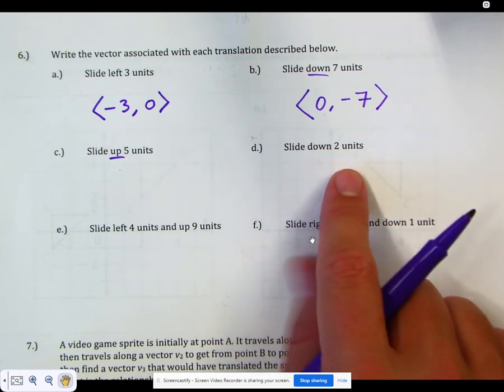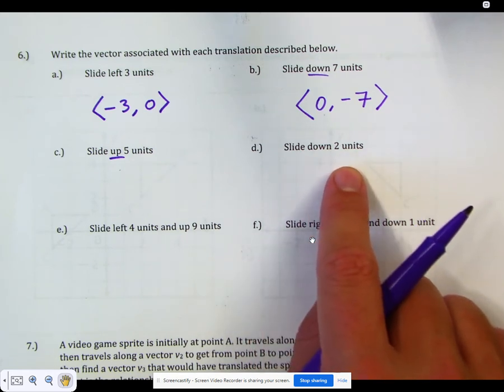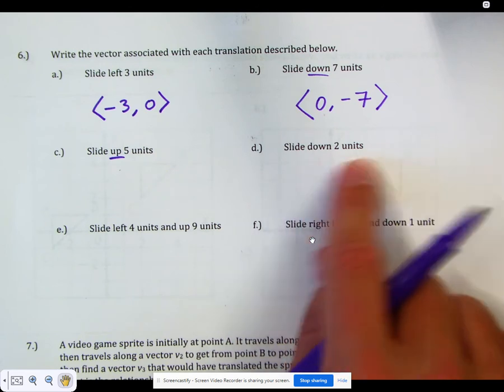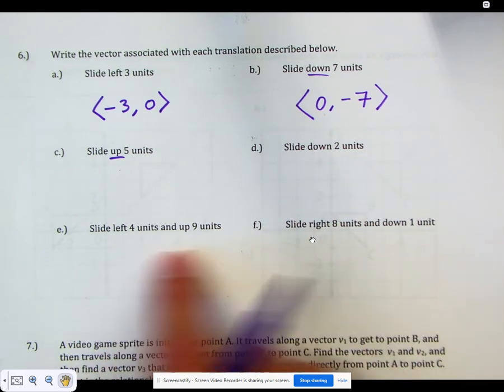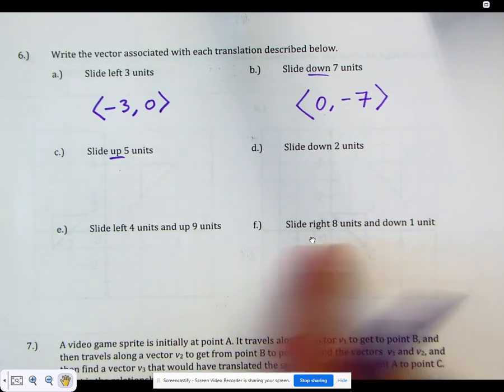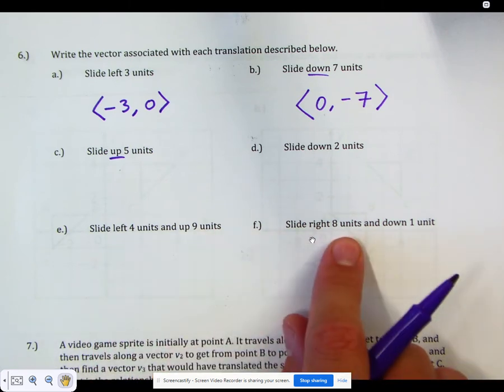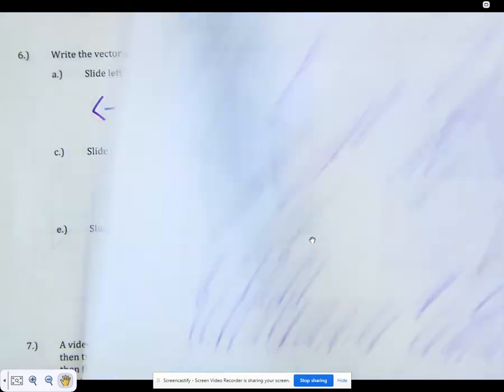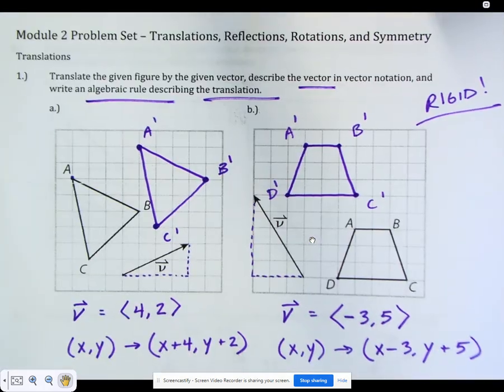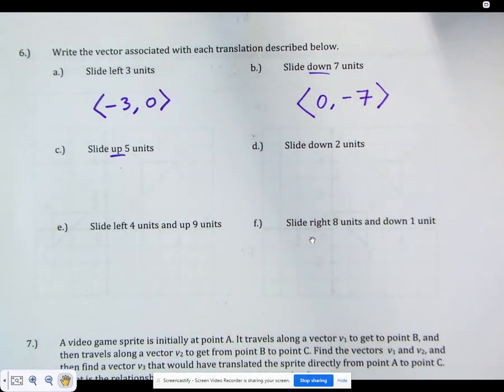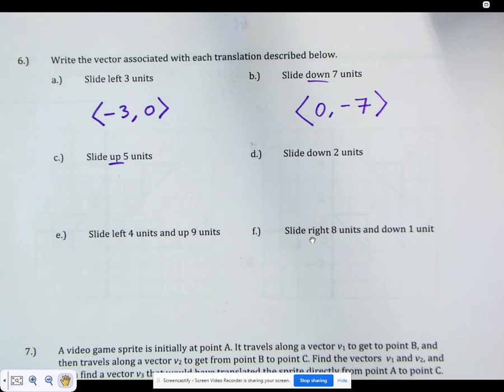Sliding down 2 would be, again, y values. And then these are combinations. So how about going left 4 up 9? Or how about going right 8 down 1? Again, you can reference the first 2 examples we did to get some hints on those.